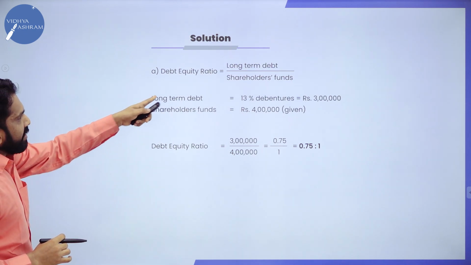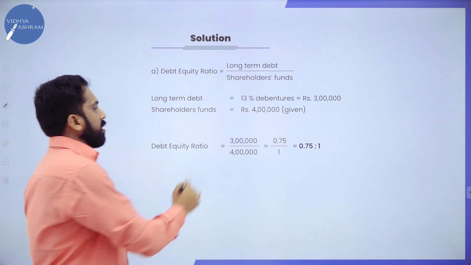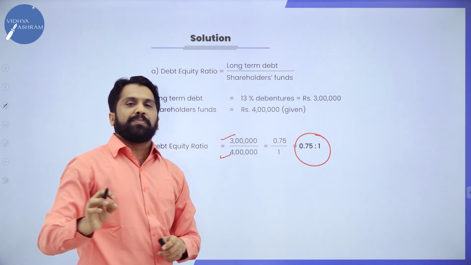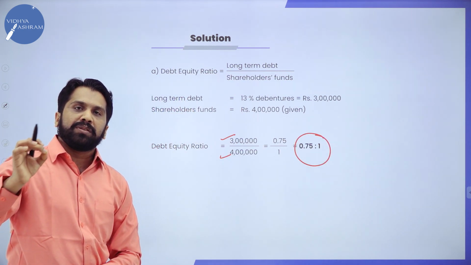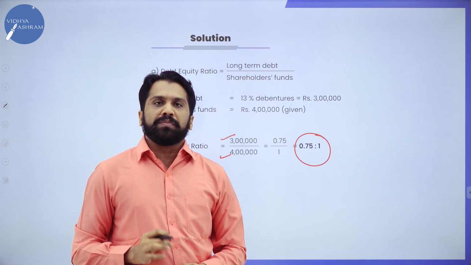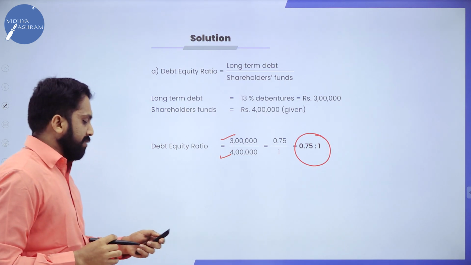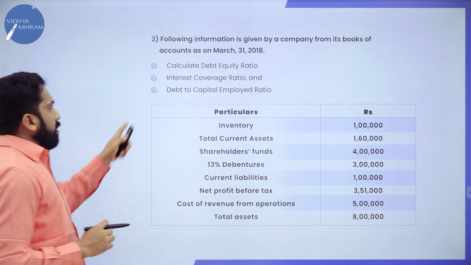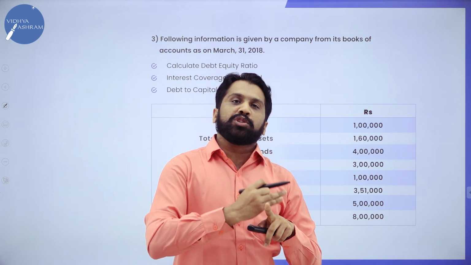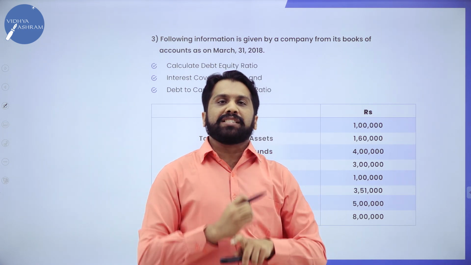Now, debt equity ratio, you got 3 lakh, you got 4 lakh, your answer is how much? 0.75 is to 1. This is called your debt equity ratio. Now, we'll go for the second one. Interest coverage ratio. I told you in the question how to identify, I'll explain you.